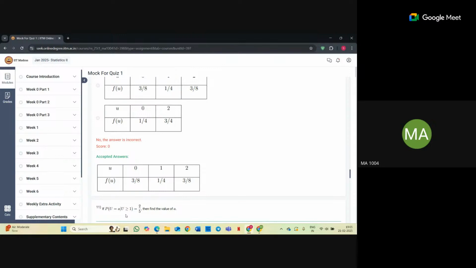Just give some minutes. Everybody is solving this question, right? Type and tell me the answer. Is it 1? Yes, 1.